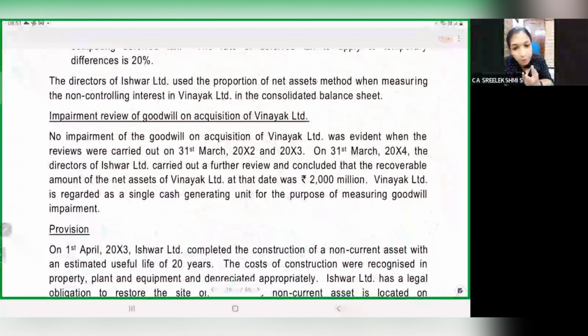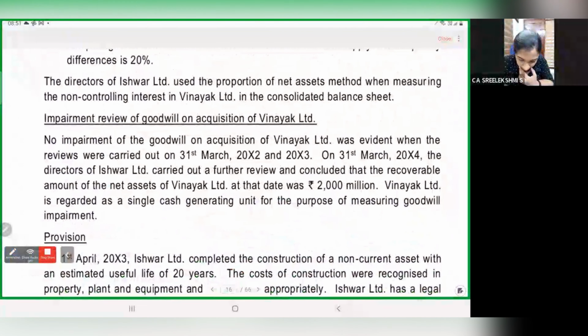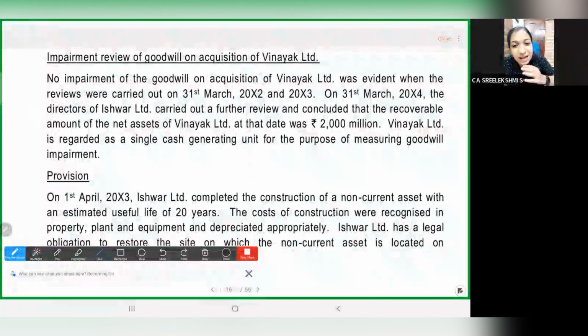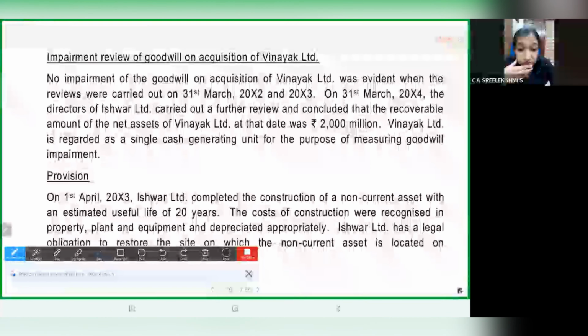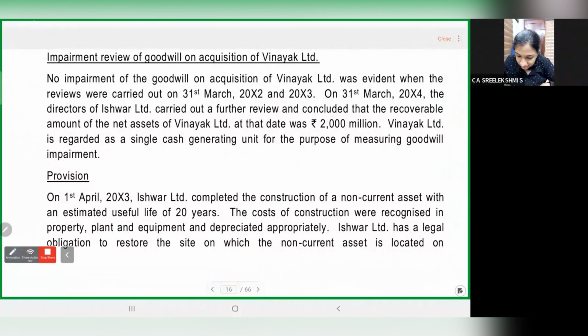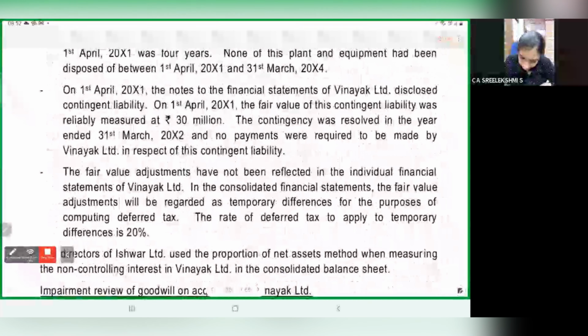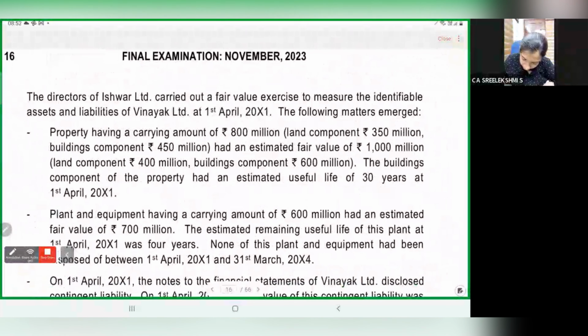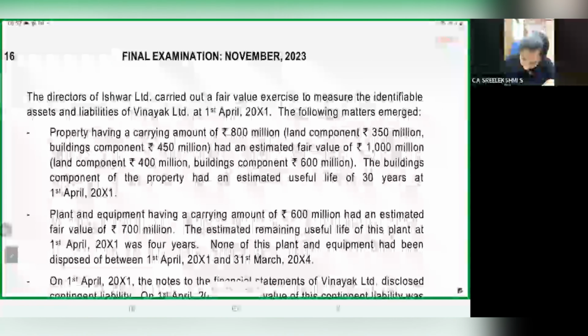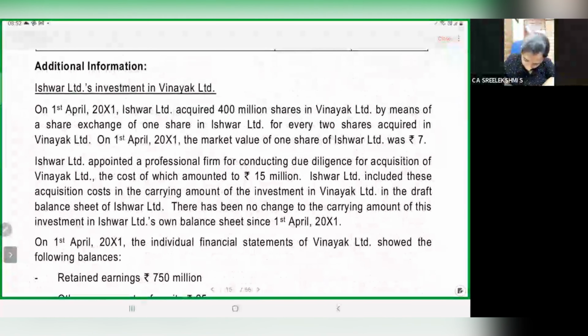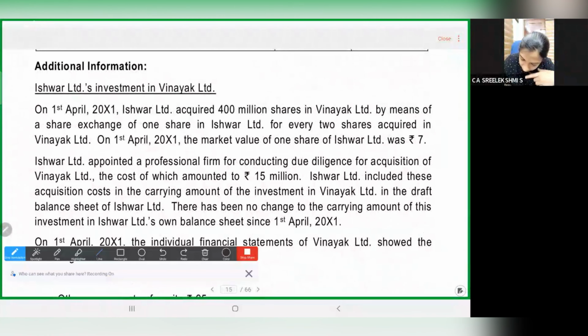Now, there are two more paragraphs in the question. Why is 1415 taken and 15 reduced, and not 14? Listen. Purchase consideration is what we acquired.